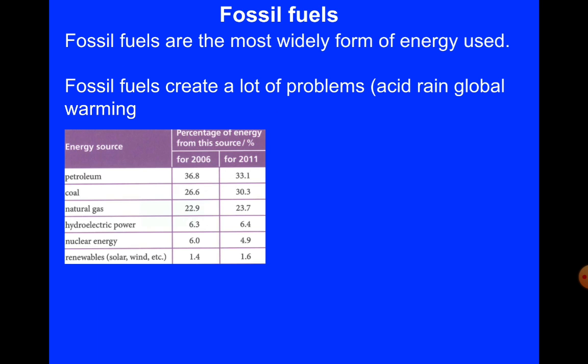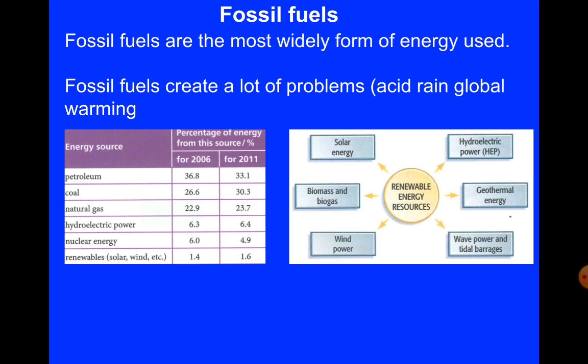When we look at our energy sources, we use mainly fossil fuels in the form of petroleum, coal, natural gas. Now we have some other sources that we use, like hydroelectric power, nuclear energy, and renewables. Some of the renewables are solar energy, biomass, wind power, hydroelectric power, and geothermal energy.